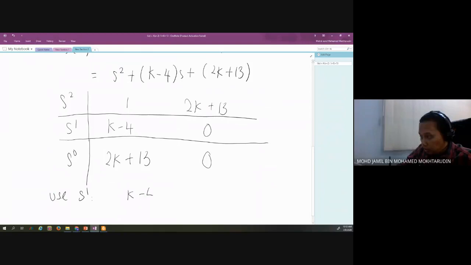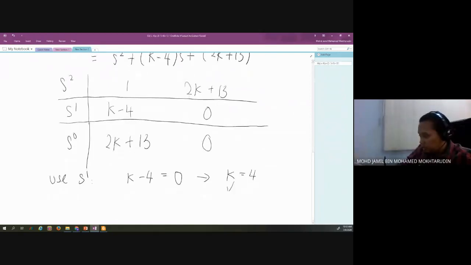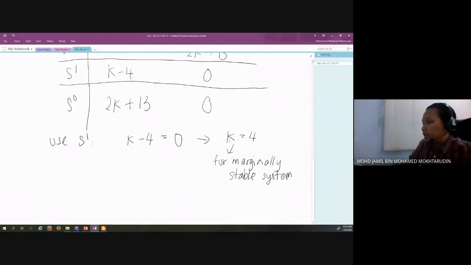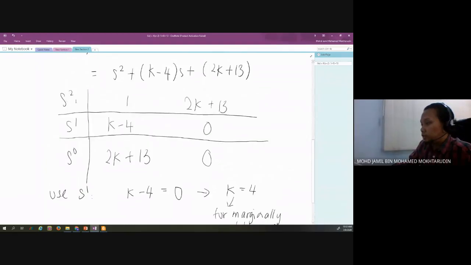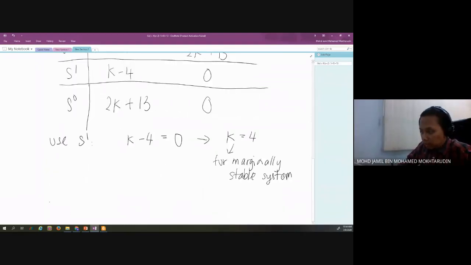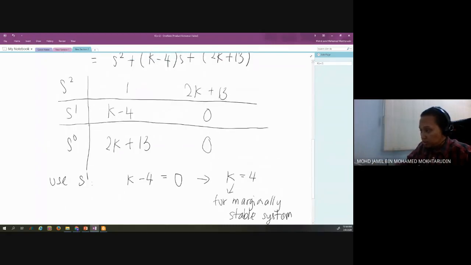So k minus 4 equals 0. So you get k equals 4. Okay, so k equals 4 for marginally stable. And then you use this value of k, substitute in row S2, okay, to determine the JW axis crossing. So use S squared plus 2k plus 13.